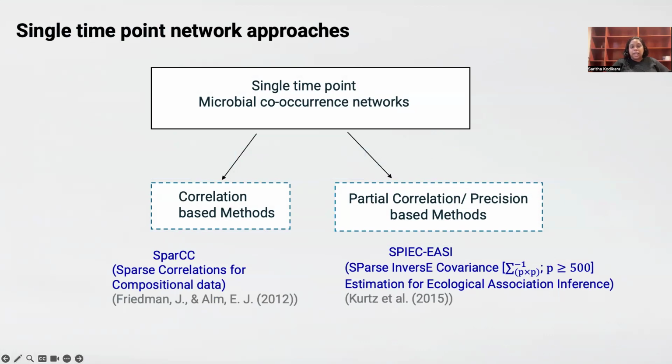I have given two examples, SparCC and SPIEC-EASI, for each of these approaches. There are newer approaches, but they also fall mainly into these two categories. I'm going to use these two methods because they're widely used, even today, and I'm going to benchmark my method against them.